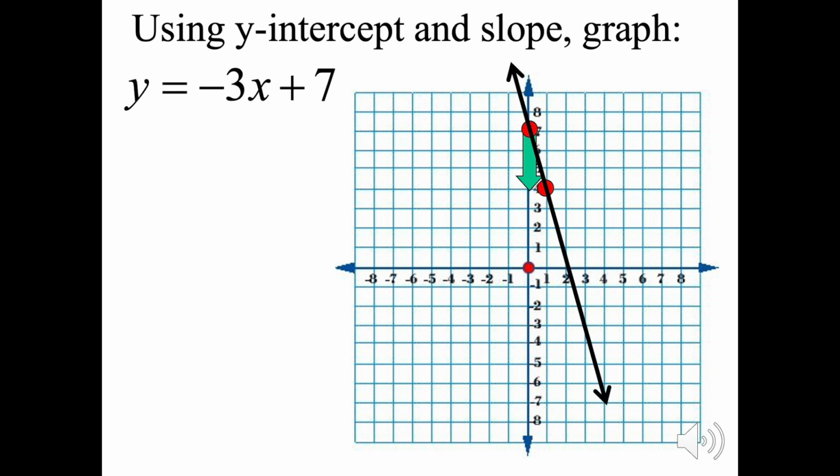Here's one last example. y equals negative 3x plus 7. Firstly, we have to plot our point onto 7, and then we put our gradient in. Now, since our m is negative 3, we don't see what the run is. Negative 3 is equivalent to negative 3/1, so we would go down by 3 and across by 1.